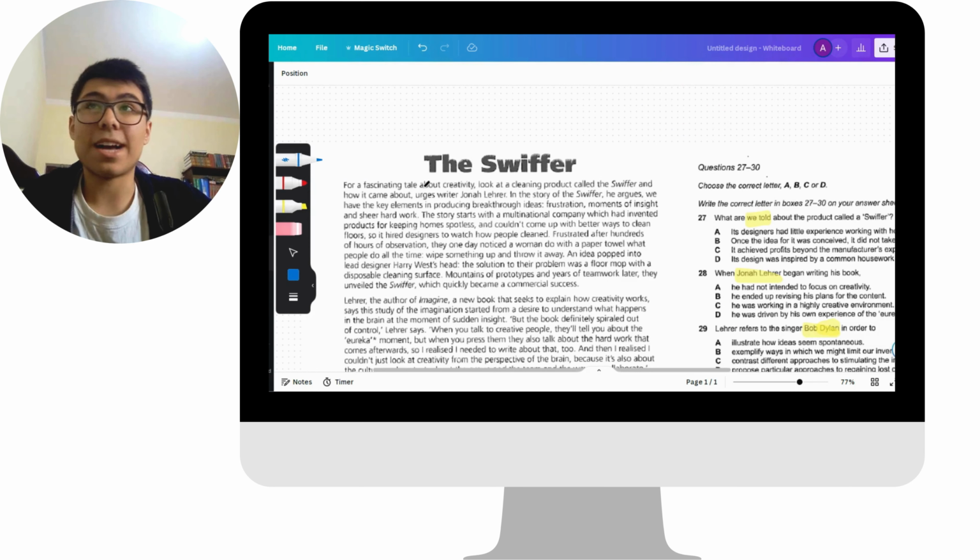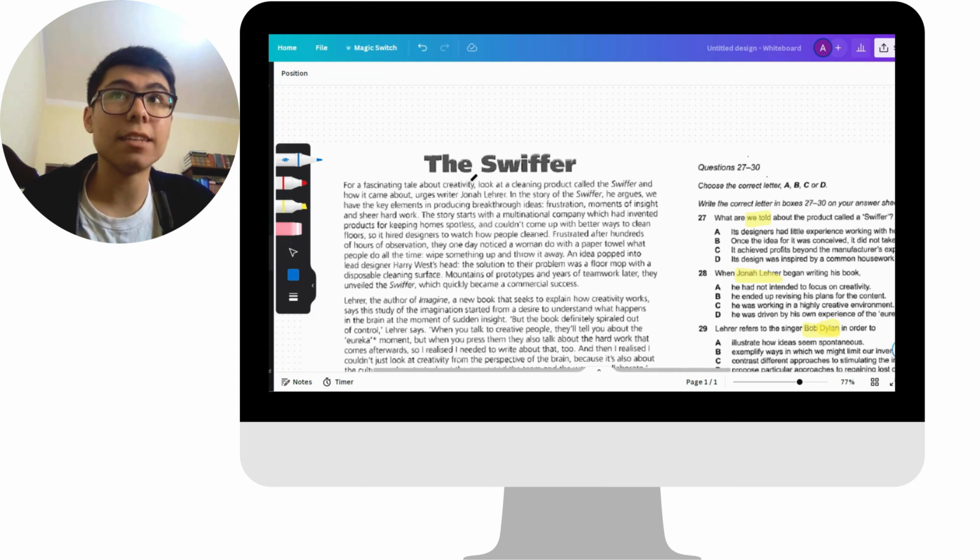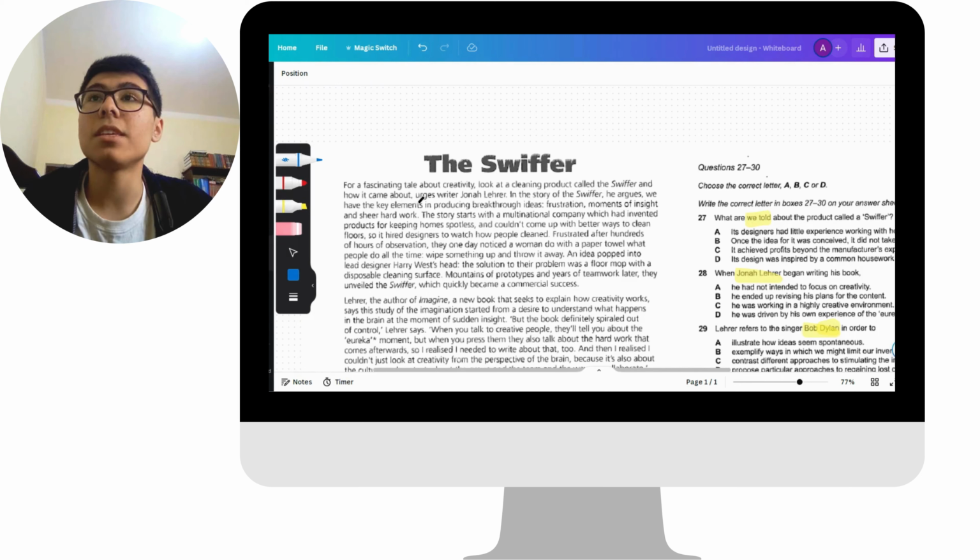For a fascinating tale about creativity, look at a cleaning product called Swiffer and how it came about. Writer Jonah Lehrer, in the story of the Swiffer, argues we have the key elements in producing breakthrough ideas: frustration, moments of insight, and sheer hard work.